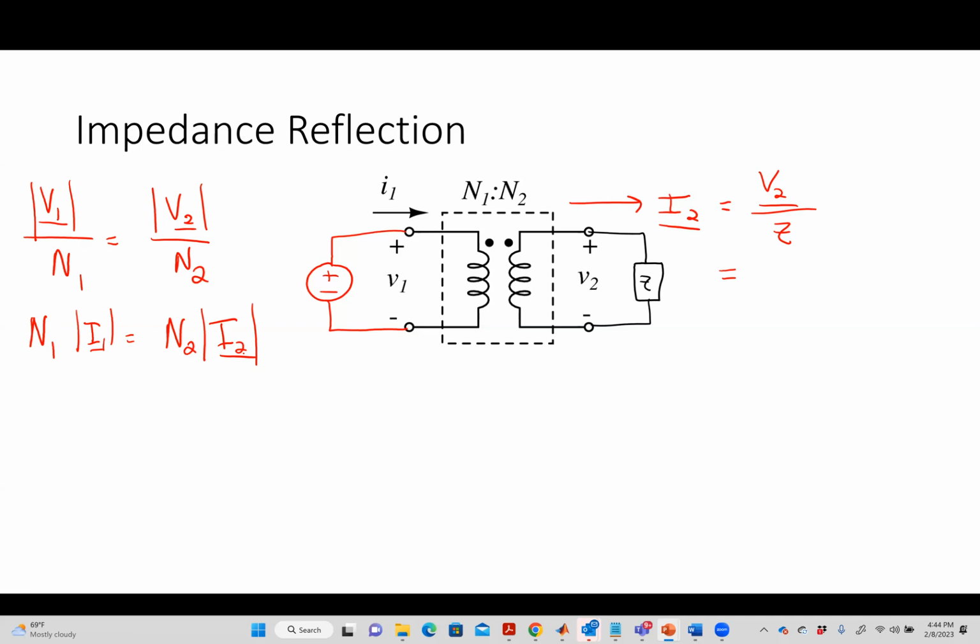Based on the signs I have here, I've got my signs correct already, right? So N1 I1 equals N2 I2. And if both positive signs are at the dot, which they pretty much always will be, the magnitudes match.